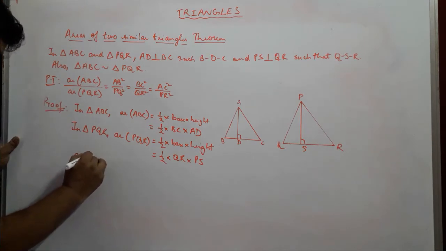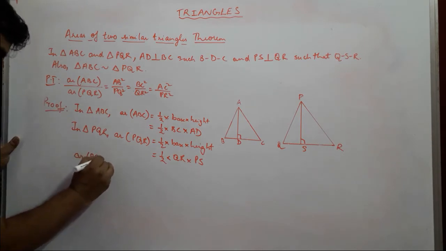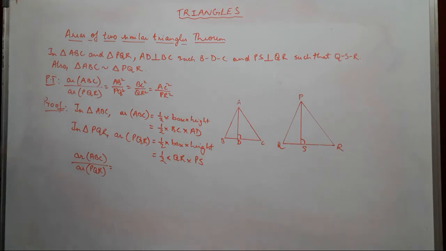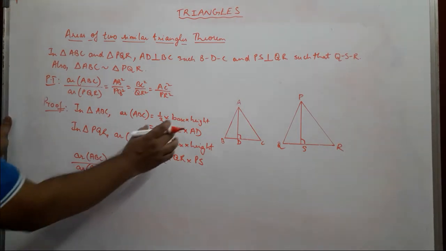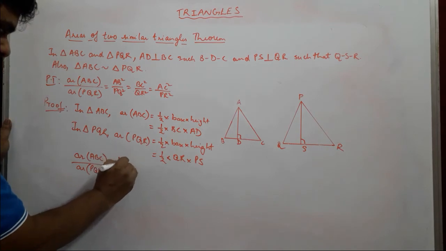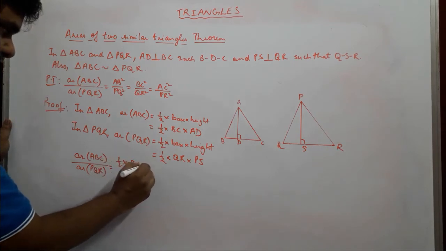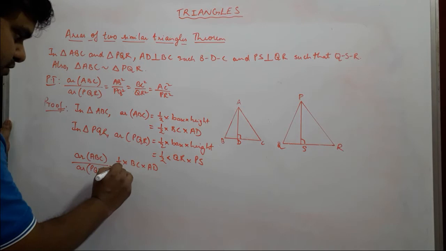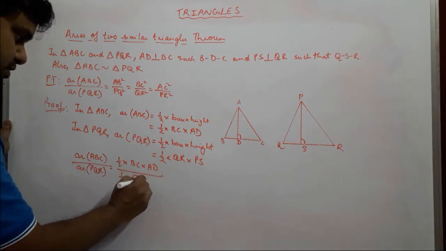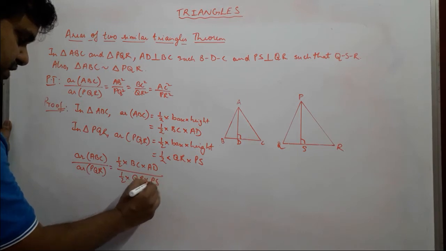Area of triangle ABC upon area of triangle PQR. For this we write the area of triangle ABC, which we've got from here, half BC into AD, whole thing upon half into QR into PS.